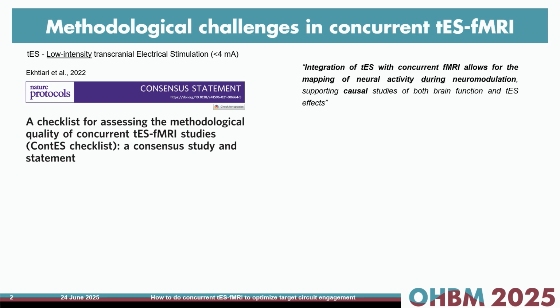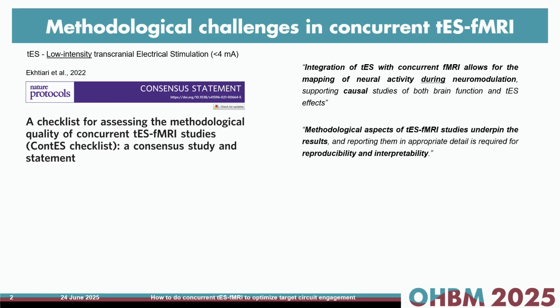And so we start by claiming that we can combine tES with fMRI to map brain activity during neuromodulation, and by that support causal studies of brain function and tES effects. The problem is it is not as straightforward as it sounds, because combining these two techniques turns out to be quite challenging from a technical point of view.